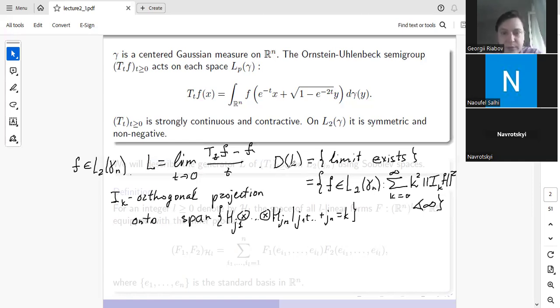So this is the description of the domain. And also we proved that on this domain, the operator acts as multiplication by minus k.